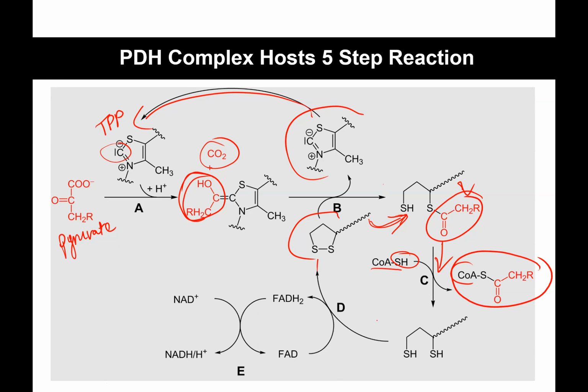In the process, as this gets oxidized back to the ring, it has some electrons to give, right? So it's going to donate those electrons to FAD, and FADH2 in turn is going to donate its electrons to NAD+, and we're going to end up with some NADH. Okay? So it's a whole cycle.